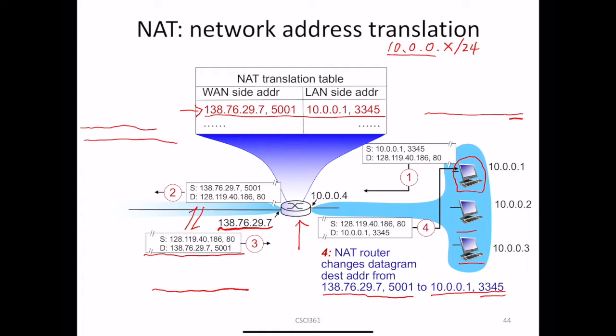Then it forwards this response datagram finally back to this device. And through this way, the device within the local network can communicate with the outside web servers or other devices through the internet without any problem.